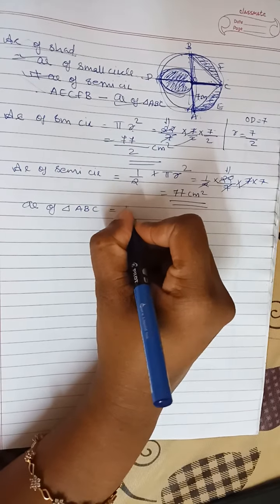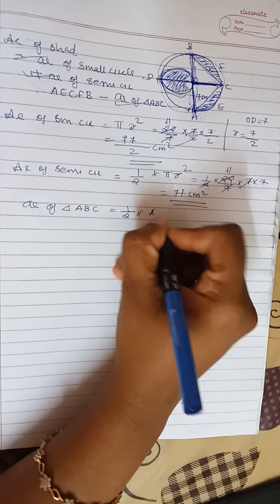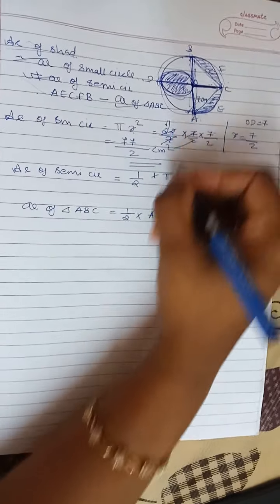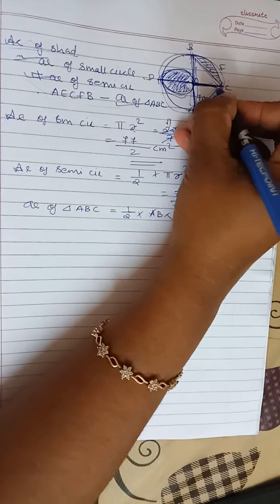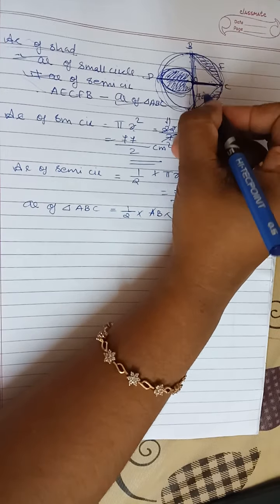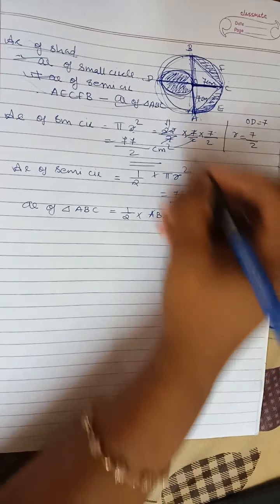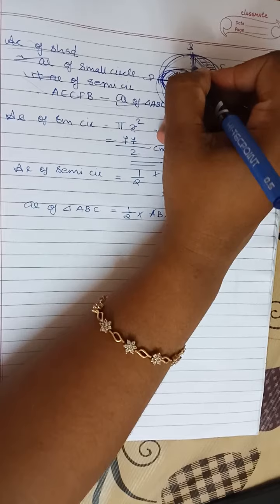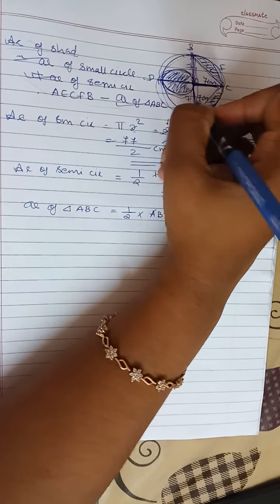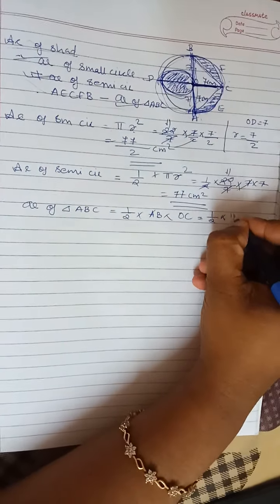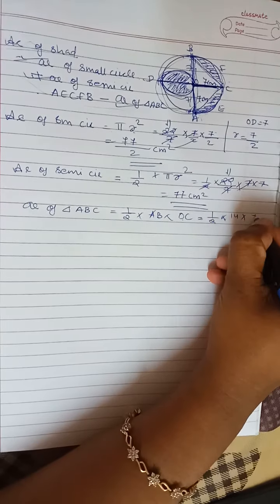So I am applying half into AB into height. You can take it as OC. What is OC? OC is the radius of this circle, so this is also 7 centimeters. So half into, what is AB? This is 7 centimeter and this is 7 centimeters, so AB is 7 plus 7 is equal to 14. 14 into OC is 7.